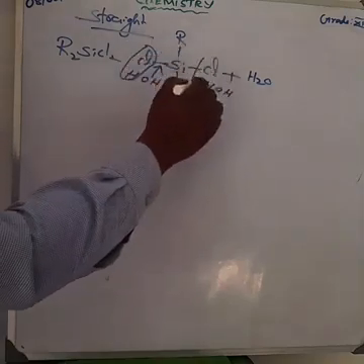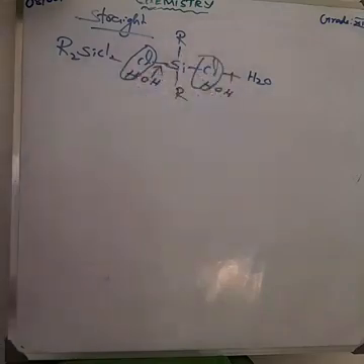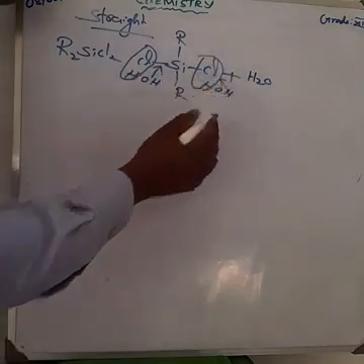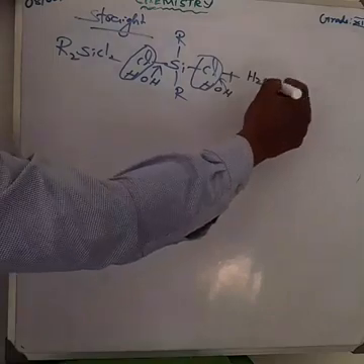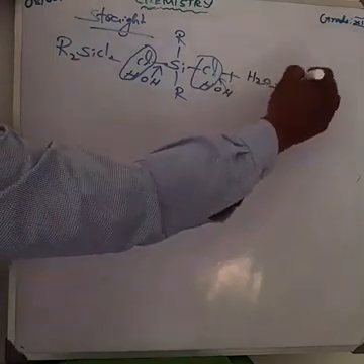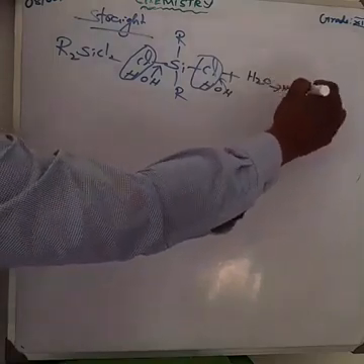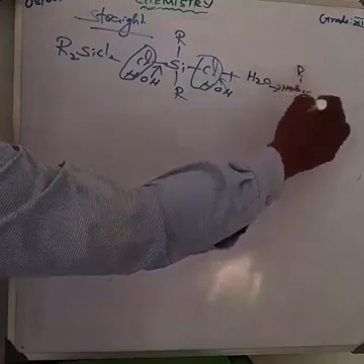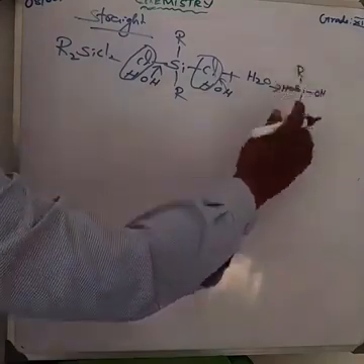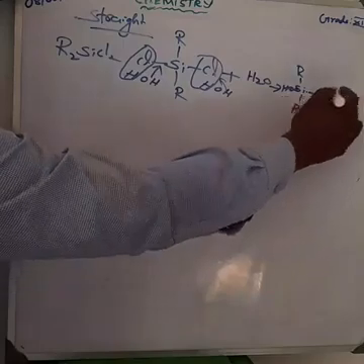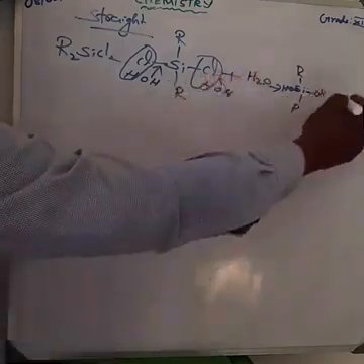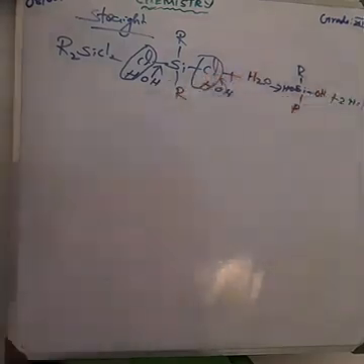So the formula is Si(OH)(OH) with R R, plus 2 HCl. This is one reaction.